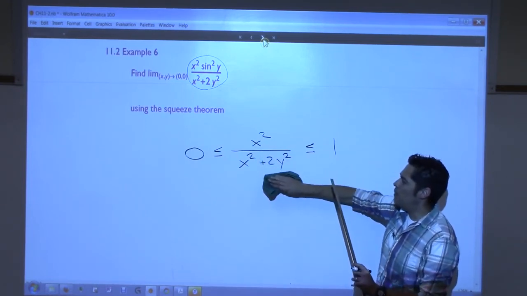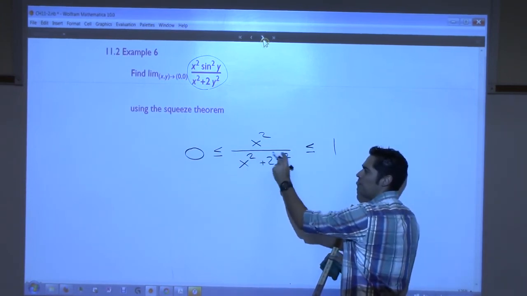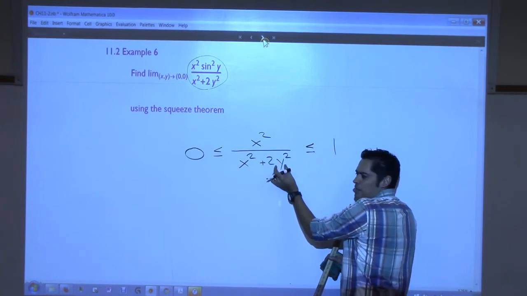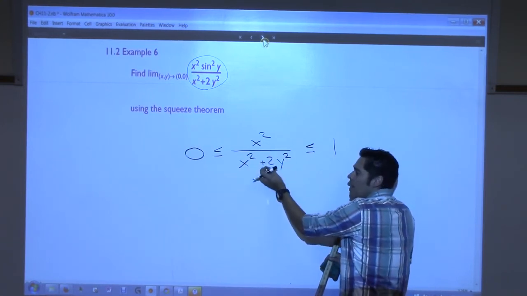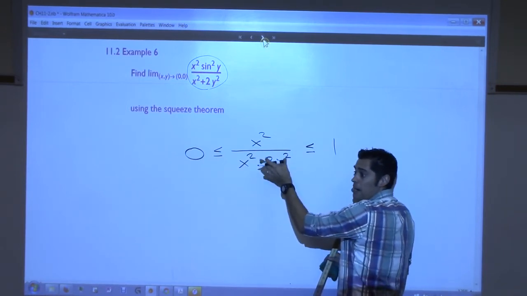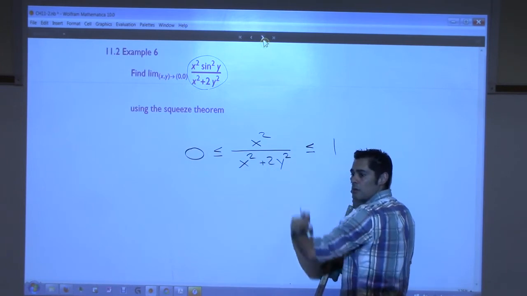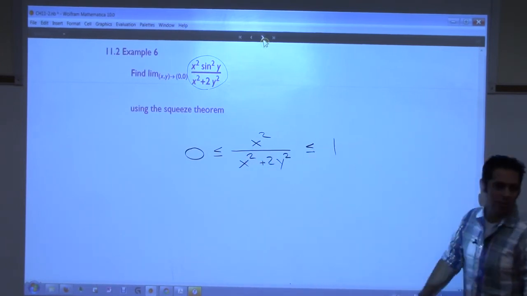Now, if I put a number in here, I'm adding 2 times y squared. The least it could ever be is 0, right? Other than that, it's going to be a positive number. Added to x squared, this denominator would get bigger, right? If the denominator gets bigger, the ratio gets smaller. So this rational expression must be less than or equal to 1, right?